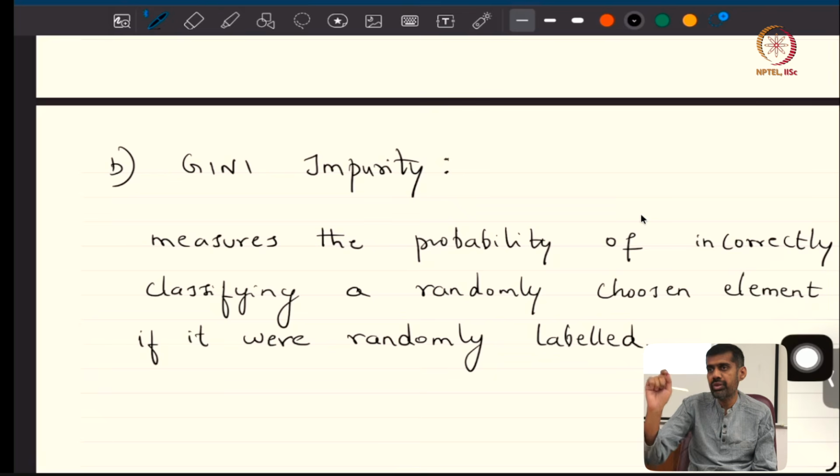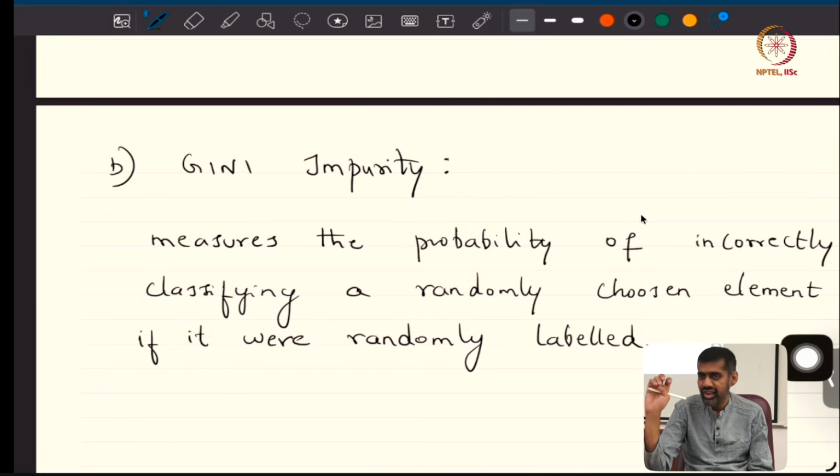See, suppose there is a region, okay. You sample a particular point from that region, and incorrectly label it, that is impurity, right. So, the odds of incorrectly labeling a particular point in a region have to be minimized, is it not, and when would that be minimized? If the region is pure.